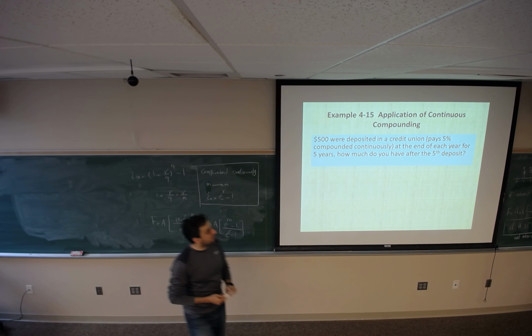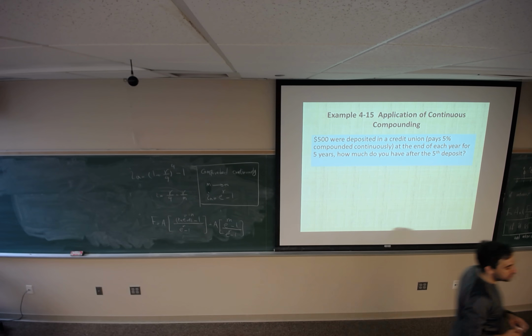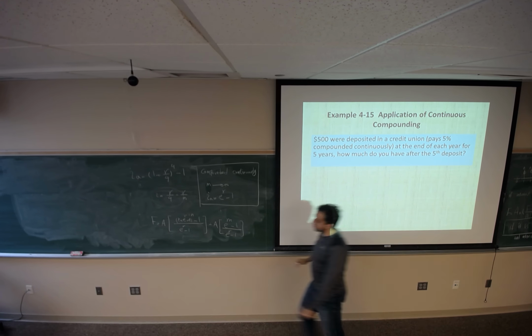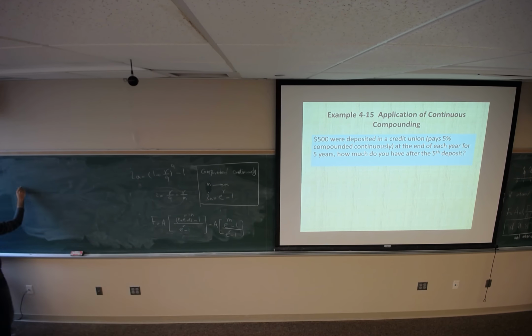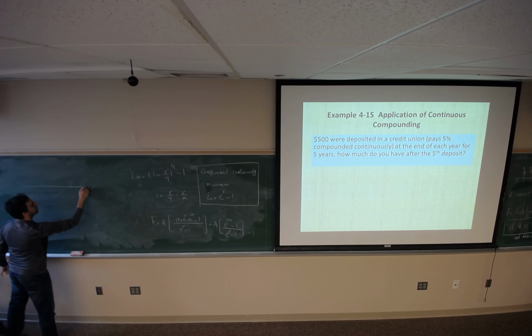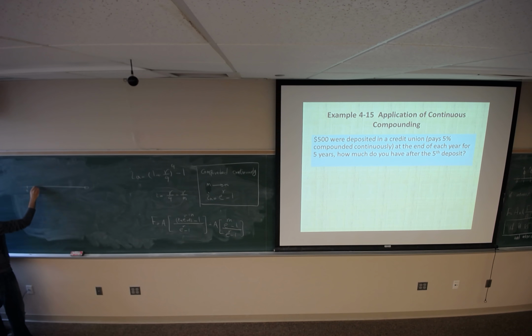$500 deposit in an account which pays 5% per year, but it's compounded continuously. So we are going to deposit every year. We want to know how much money we can withdraw at the end of the 5th year. So at the end of the first year, we deposit $500. Second year, 500.